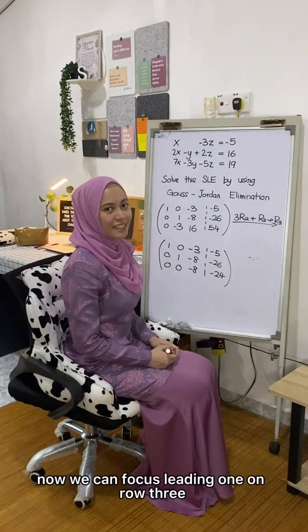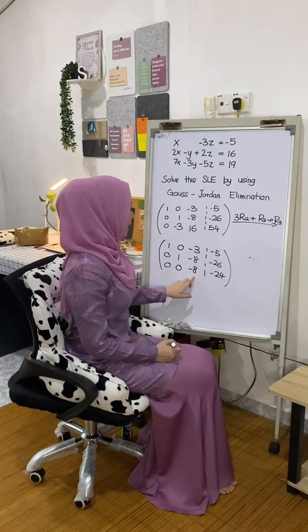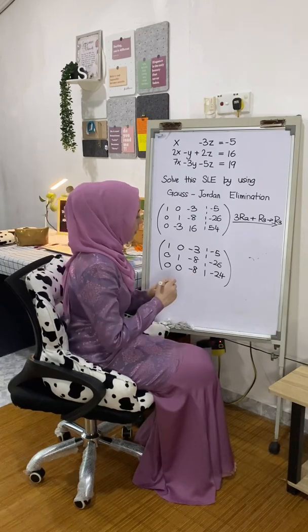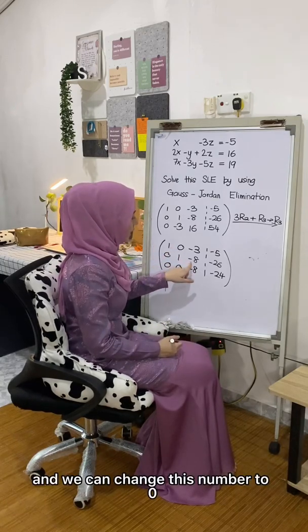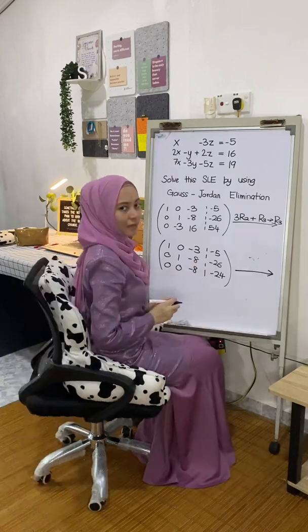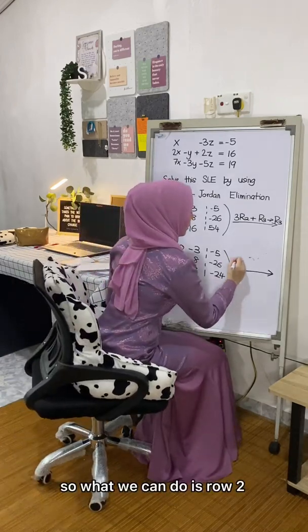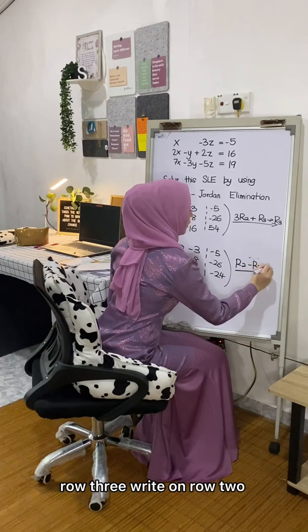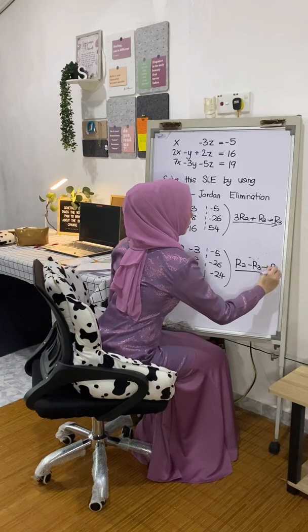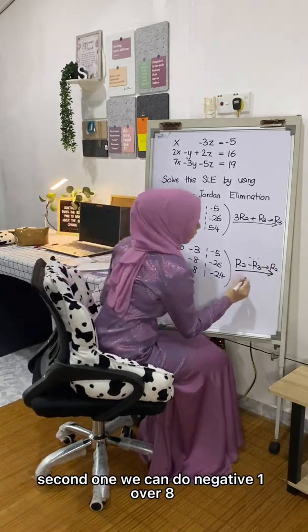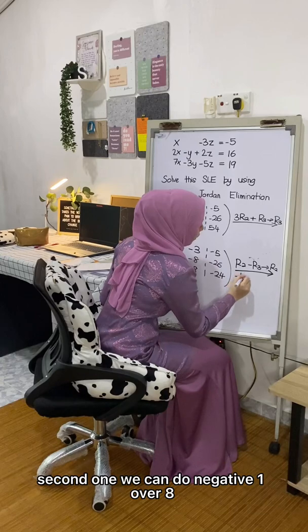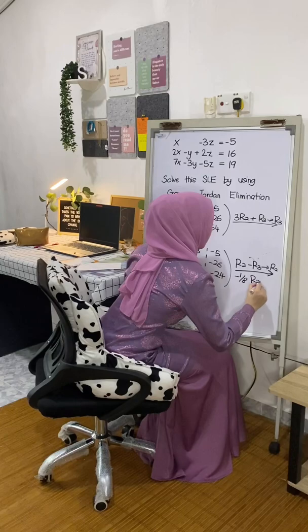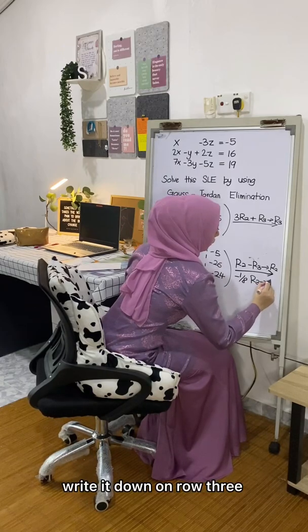Now we can focus on the leading 1 on row 3. We must change this number to 1 and we can change this number to 0. So what we can do is row 2 minus row 3, write on row 2. Second one, we can do negative 1 over 8 multiply with row 3, write it down on row 3.